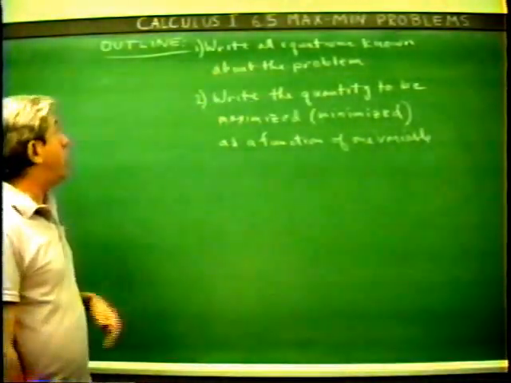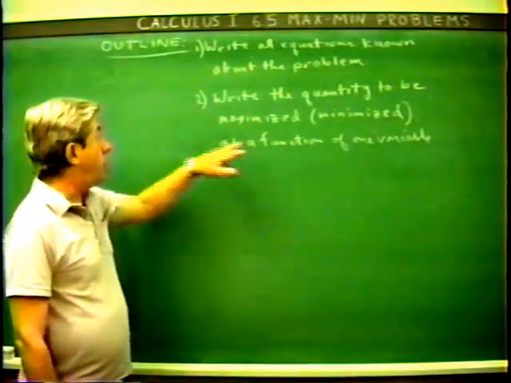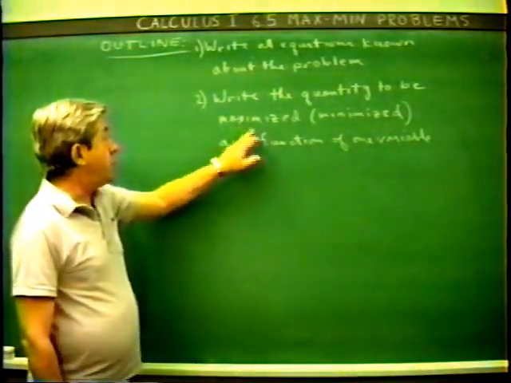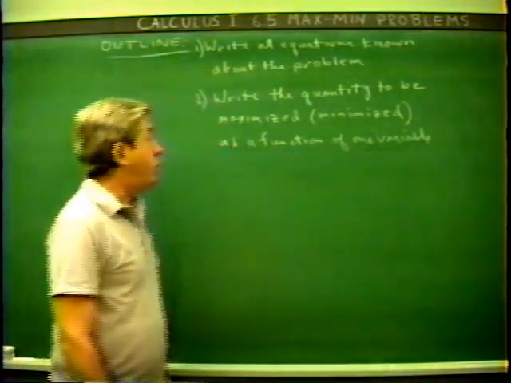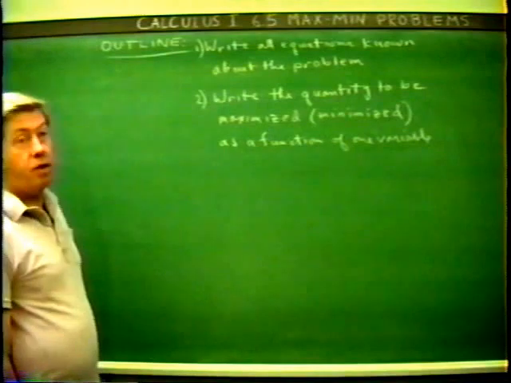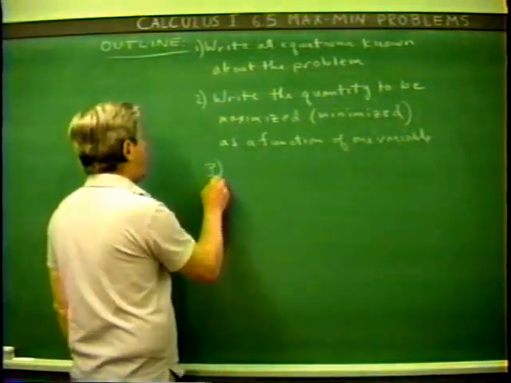So you use these equations that you've written down about the problem, and you try to solve them for the quantity to be maximized or minimized, and you'd like to find that when you do this, you've got it as a function of one variable.